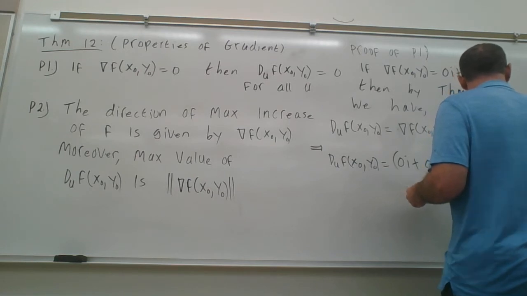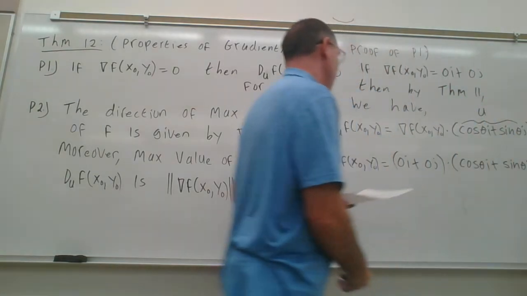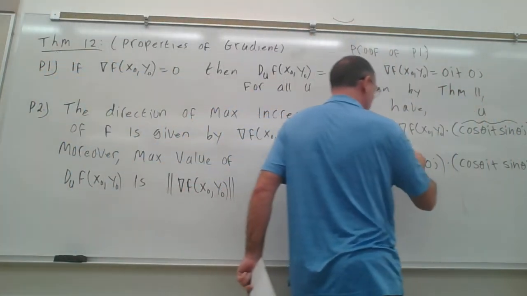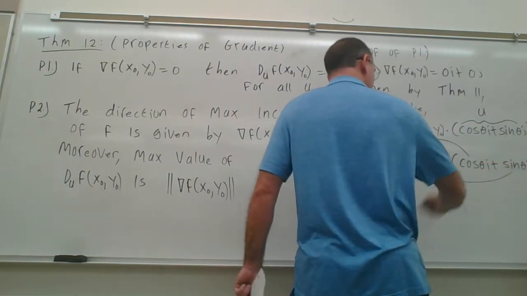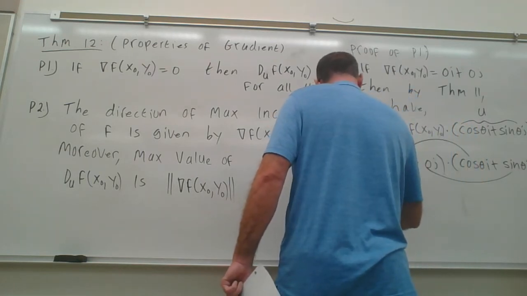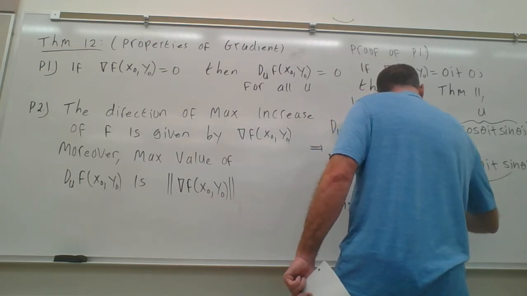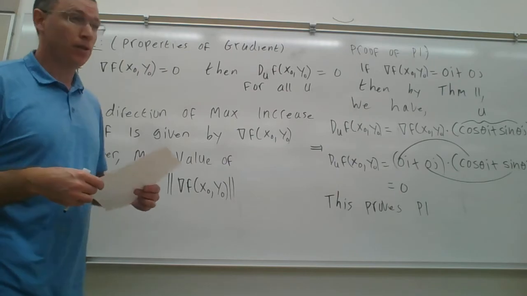But when you dot those, you get 0 because you got 0 times cosine, 0 times sine. So pretty much you dot those, you get 0. So this proves property 1.